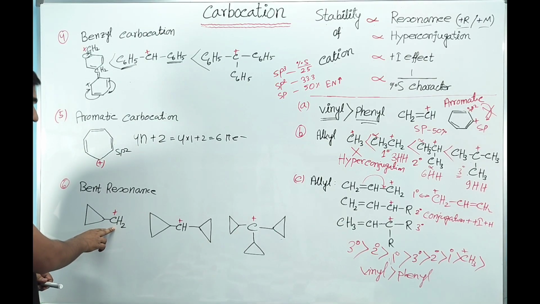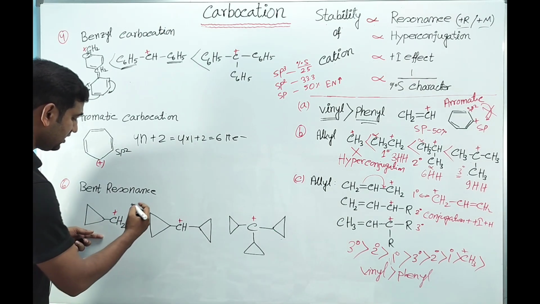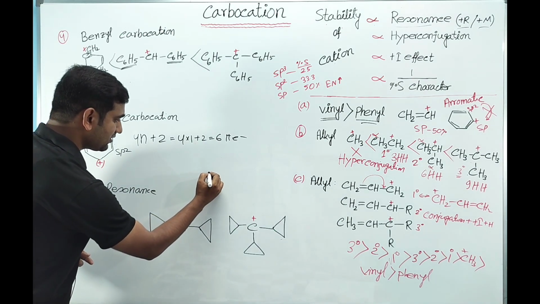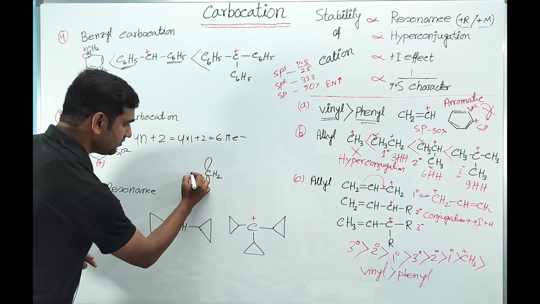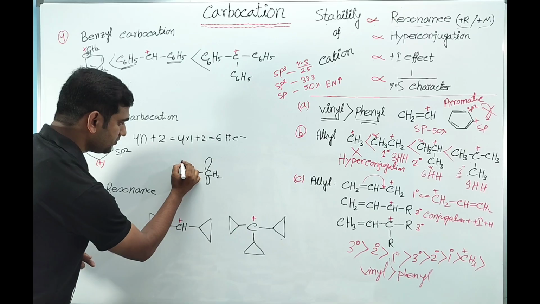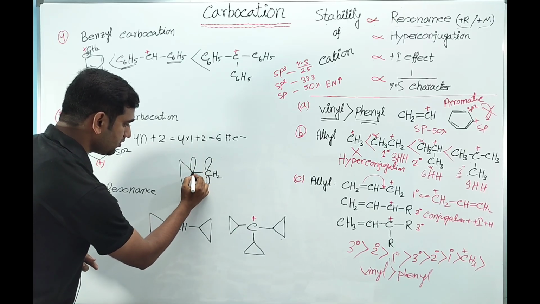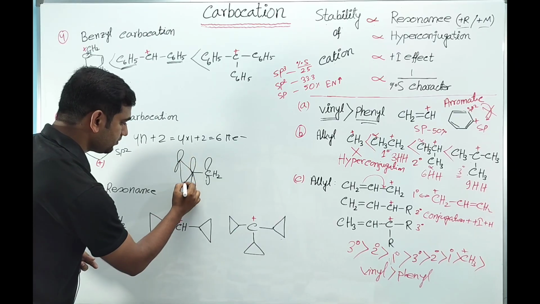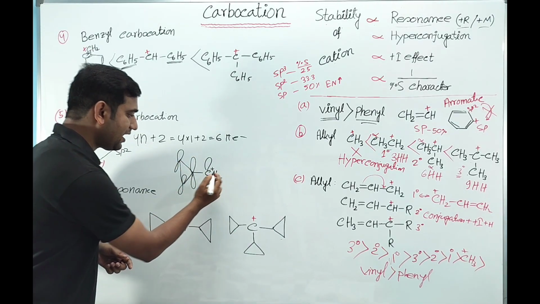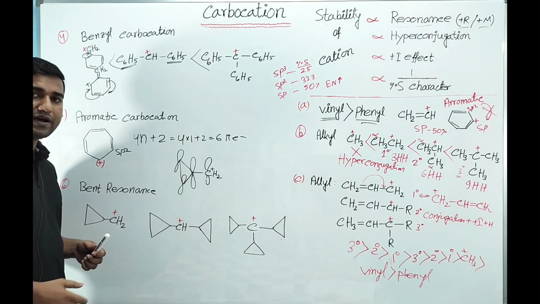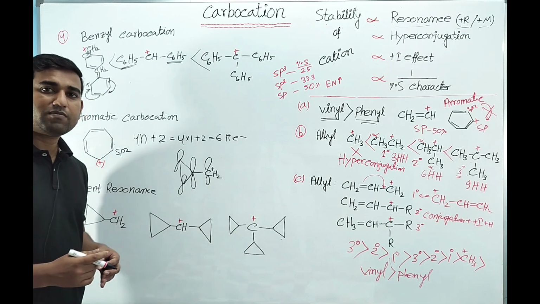This is a 1 degree carbocation, but here extra stability is there. Suppose this is the orbital picture, like that, suppose one p orbital is there, due to the conjugation of that carbocation through the cyclopropyl ring bent orbital, and this is sigma resonance.